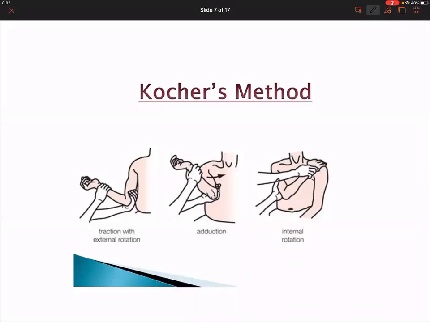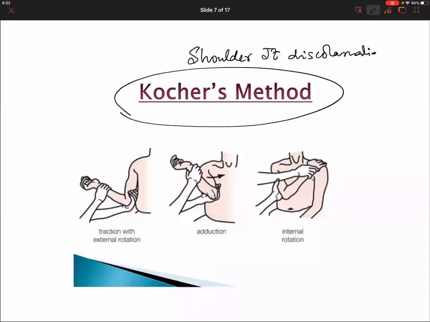What is the joint whose dislocation is being treated? Very simple maneuver. Shoulder. Very good. So this is a shoulder joint dislocation. Please know the technique. The technique is called Kocher's method.